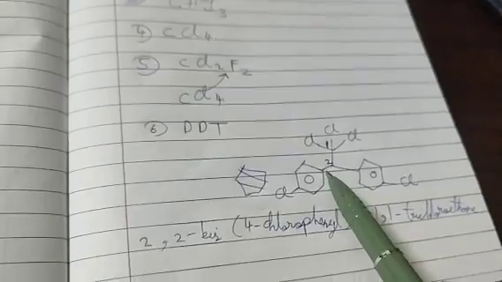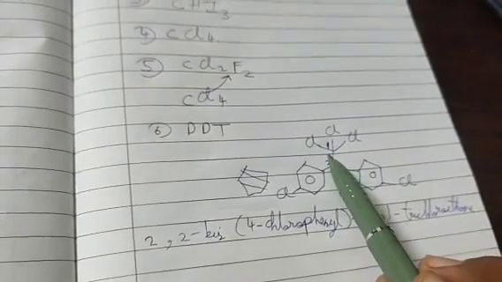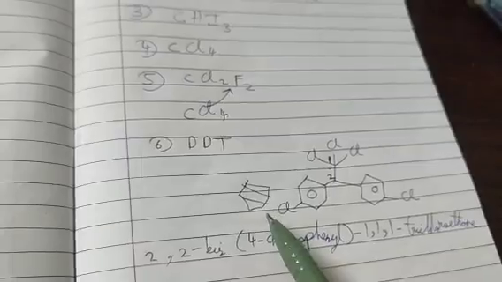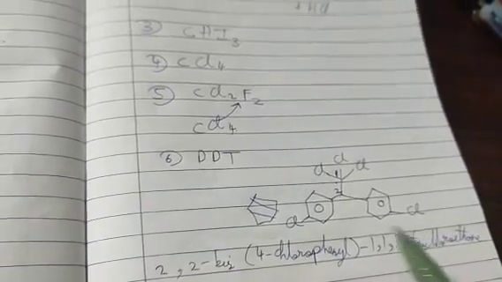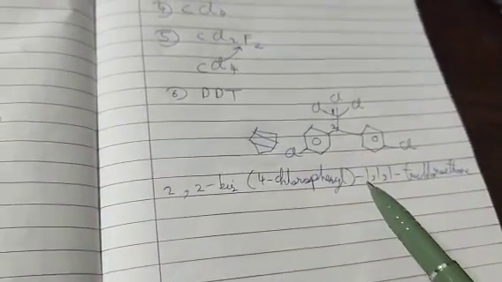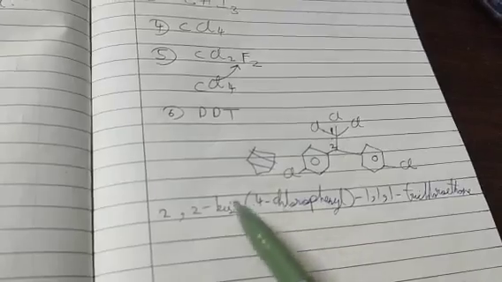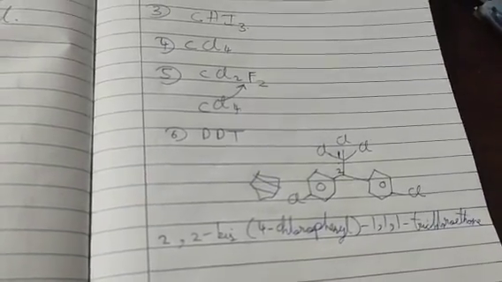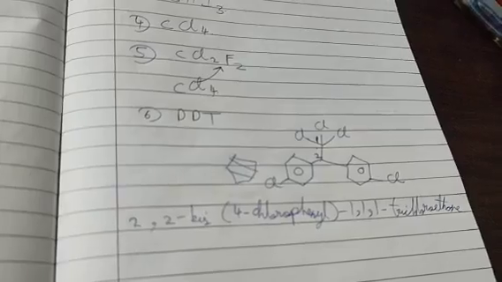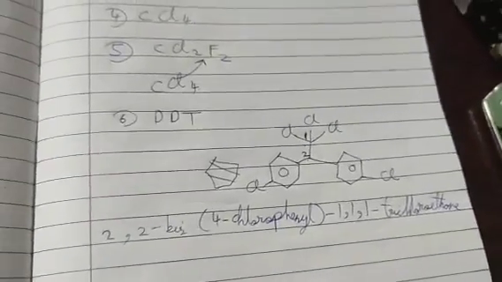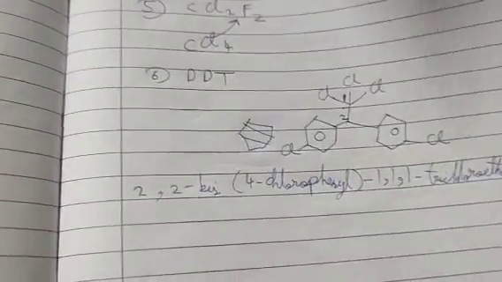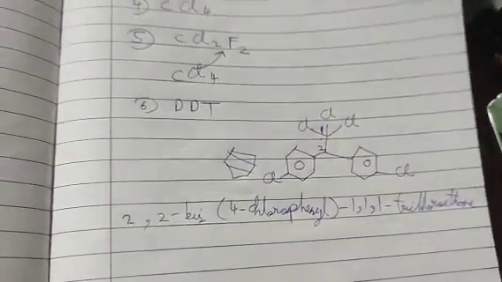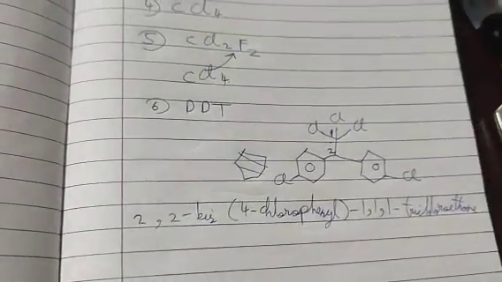And what is the parent compound? The parent compound is 1,1,1-trichloroethane. This is in alphabetical order, and bis is not taken into account for the alphabetical order. This is how the naming goes. Its common name is p,p'-dichlorodiphenyltrichloroethane.